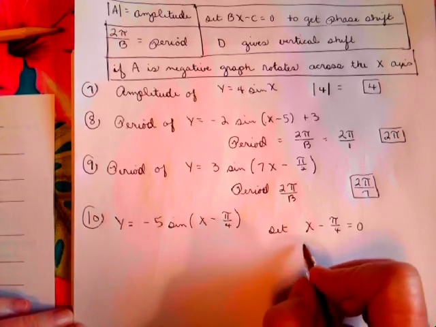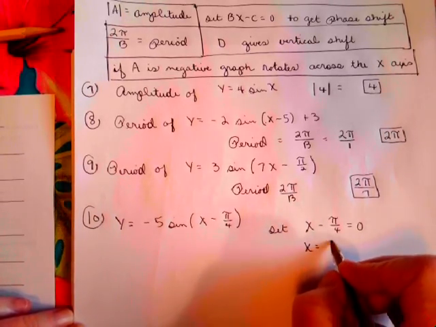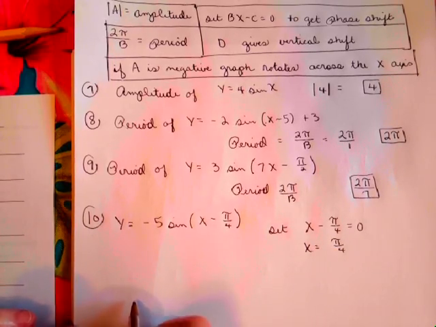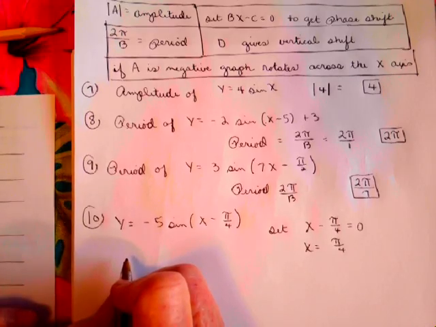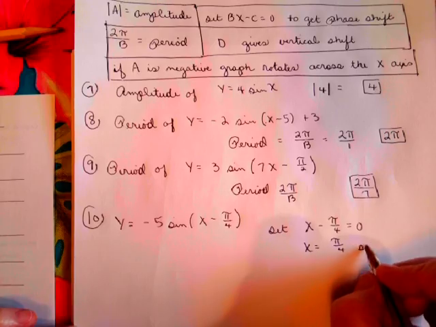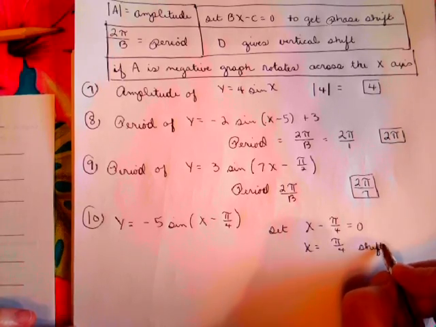Solve for x. That means add that pi over 4 to both sides. x equals pi over 4. Does this shift right or left? Since this is positive, it shifts to the right.